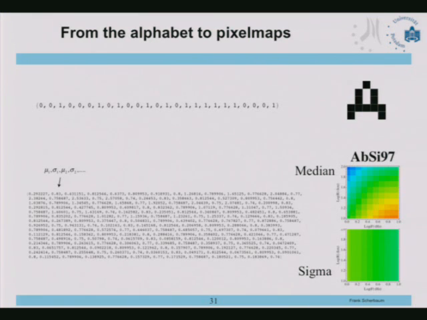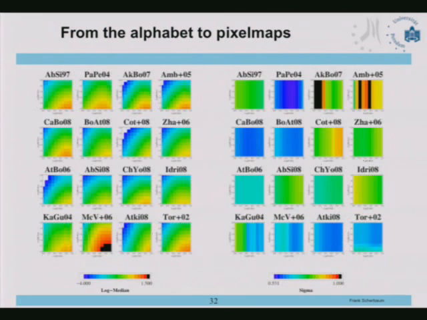And if we do this for several models, we can already have a comparison of the models in a way which is much more comprehensive than if we compare median curves as a function of distance. So we see here on the left side the median pixel maps for magnitude 5 and the same frequencies and distances, 1 to 10 hertz, 10 to 100 kilometers, for a couple of selected models. And on the right side, the sigma.